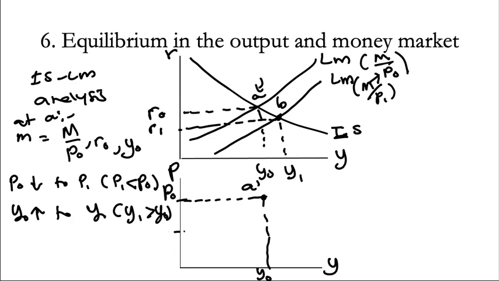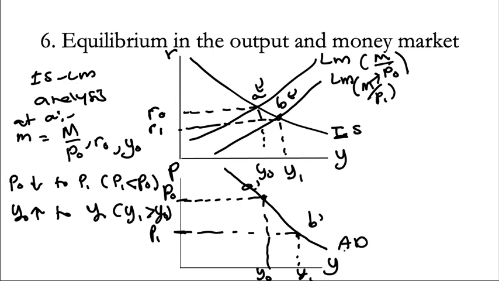And then P1 here, Y1 here, point B prime corresponds to B in the first graph for the second equilibrium in ISLM analysis. Join the 2 points, we get what we call the aggregate demand curve.